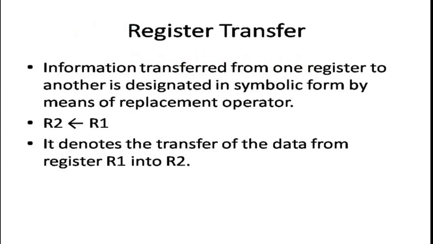So some example, that is R1 and R2 registers. I want to transfer the information from R1 to R2. Then the notation is R2 ← R1. It denotes the transfer of data from register R1 to R2.